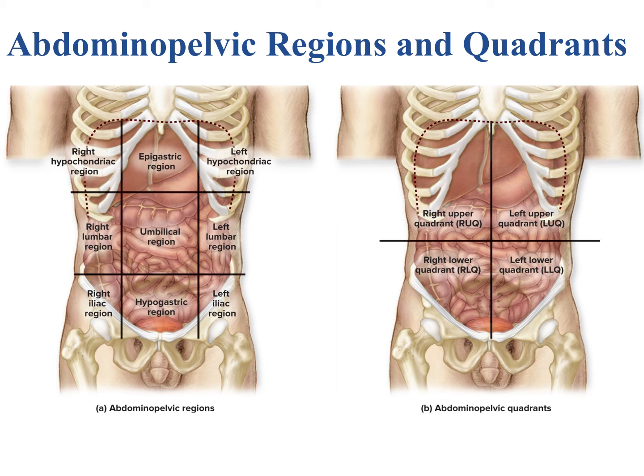The tic-tac-toe board is basically 9 sections, 3 rows, and the top row, the most superior, starting in the middle, is what we call the epigastric region. Think about it, just underneath the sternum, right? That's your epigastric region. Epi means above or on the surface of, gastric refers to stomach. And part of your stomach is right underneath that. And a very small portion of your liver is in the epigastric region.